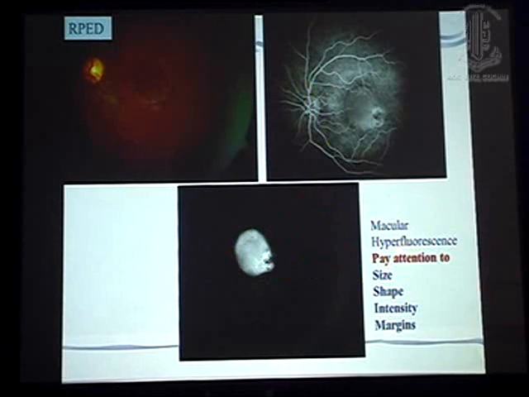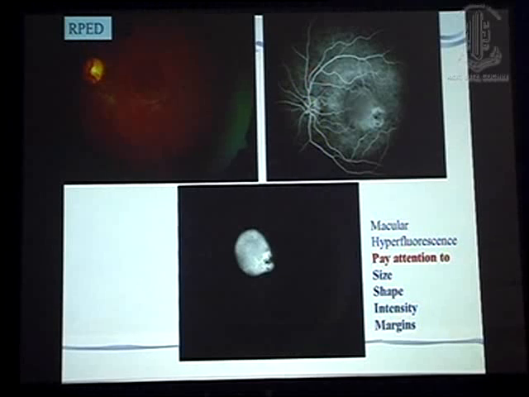So whenever you have hyperfluorescence... Lalit, can you use mouse, because this laser light is coming and... otherwise use that side. It's not here actually. Is a mouse here?